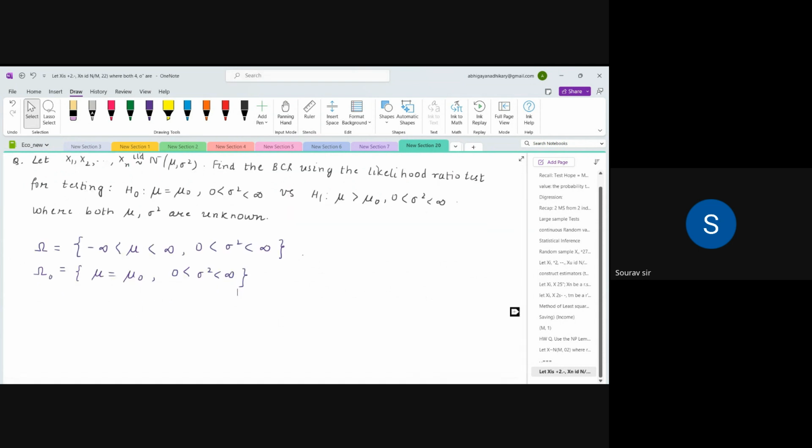So we need mu hat and sigma hat square. Correct? These are the two MLE values that we need to replace when we are trying to find the maximized value of the likelihood function. Now, let me just write down one thing. Do all of you agree what mu hat MLE would be?